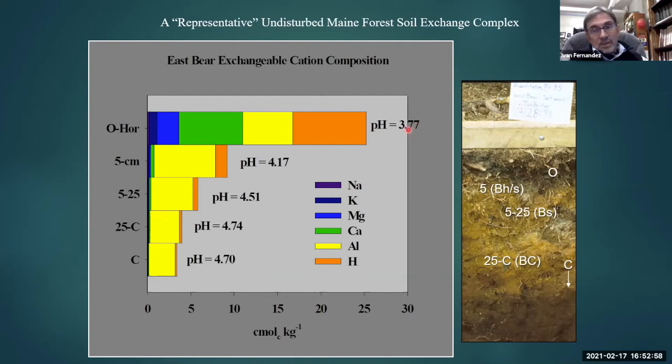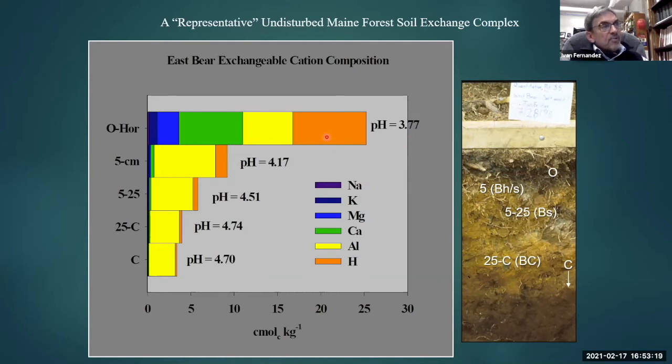It's down in the 3s. It's not anywhere near 7, but it's governed by organic acidity. Plant roots can tolerate that way better than they could tolerate a mineral acidity like sulfuric or nitric or hydrochloric acid.